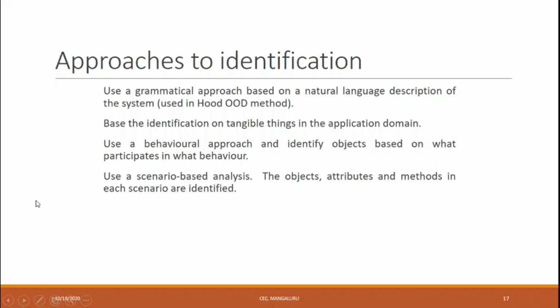So one is the grammatical approach based on natural language, and the second one is to base the identification on tangible things in the application domain. Base the identification of an object on the tangible things in the application domain. How are we going to define the objects?